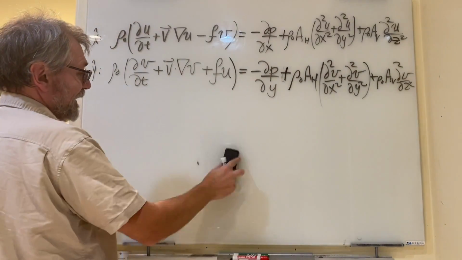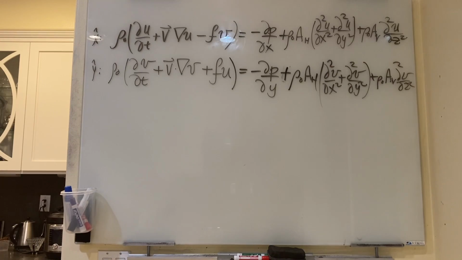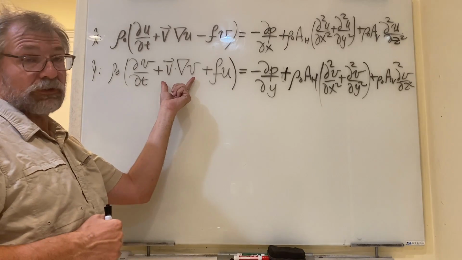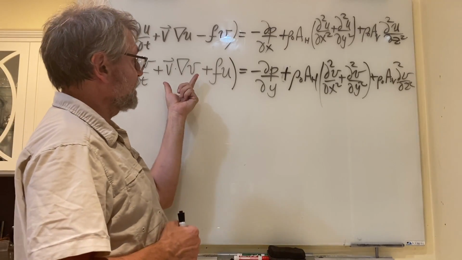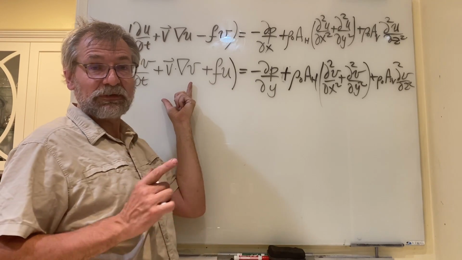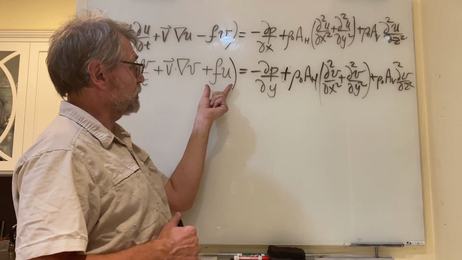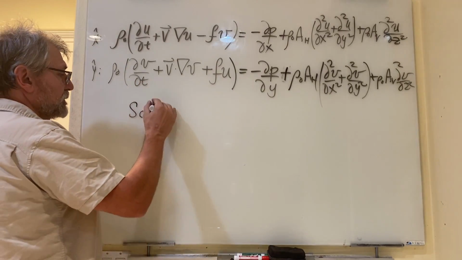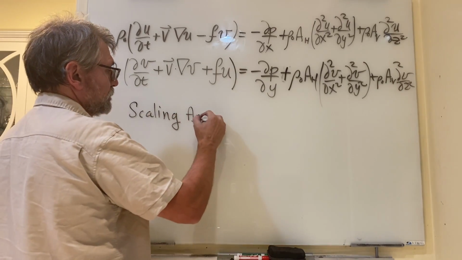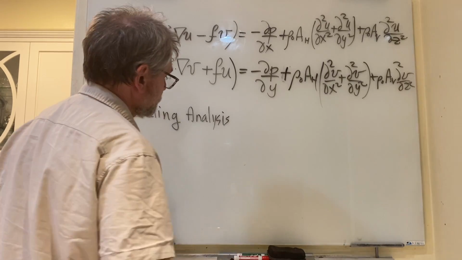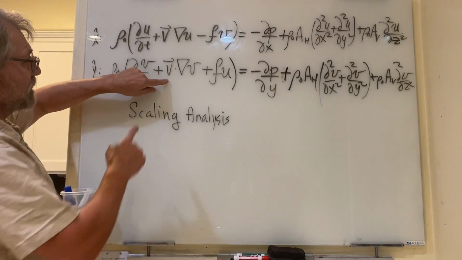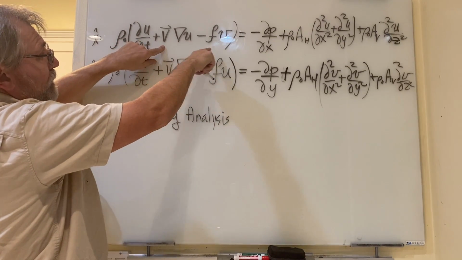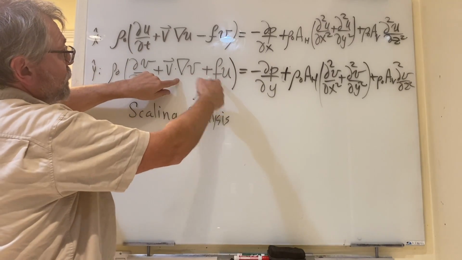All right, so now we want to look at the scalings of different terms. So let's look at this nonlinear term. This is a mean, nasty nonlinear term, which is hard to deal with. Fortunately, it turns out to be small compared to the Coriolis force, so I want to show you that that's indeed the case. So what we're going to do is called a scaling analysis. We put in the typical sizes for the velocity vector, the u component, f and u, and we compare the ratio of these two terms.